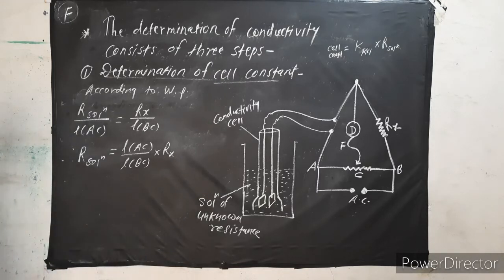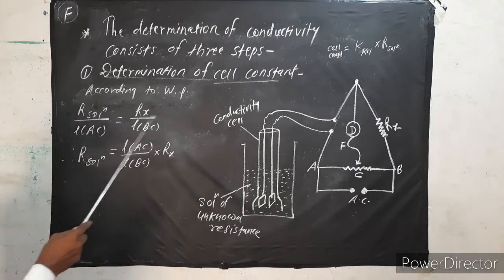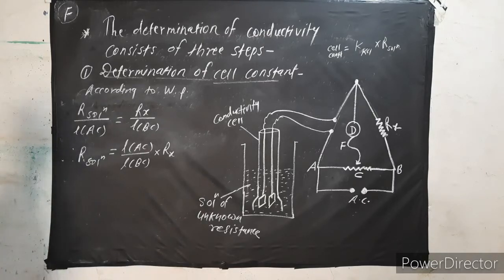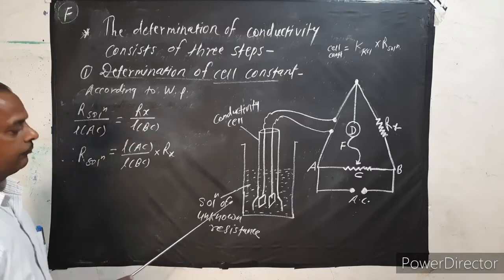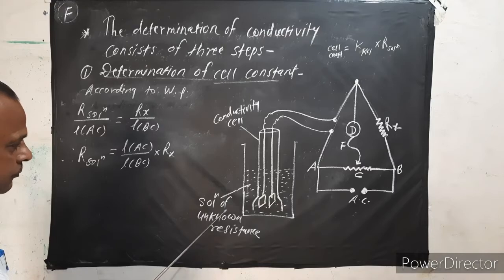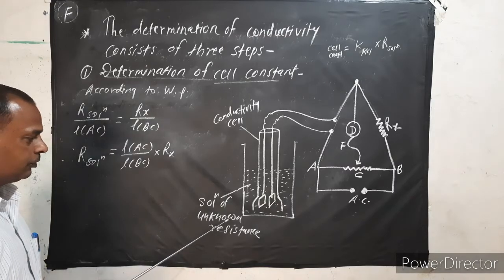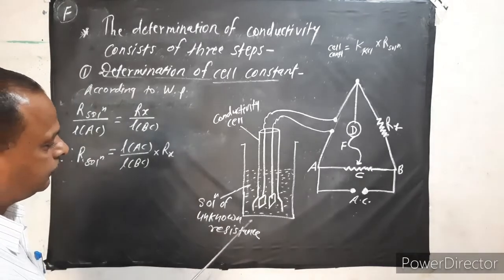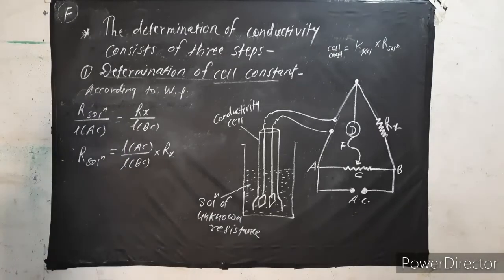How do you determine the cell constant according to the Wheatstone bridge principle? The cell constant can be determined by using generally the potassium chloride solution, which is generally 1 molar, 0.1 molar or 0.01 molar KCl solution, because its conductivity is known at various temperatures.